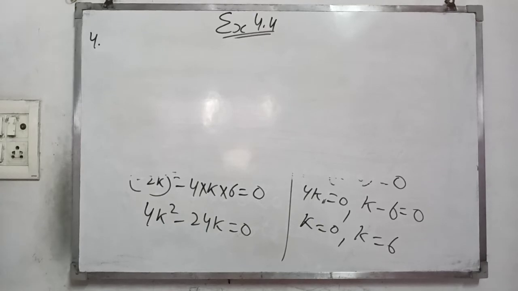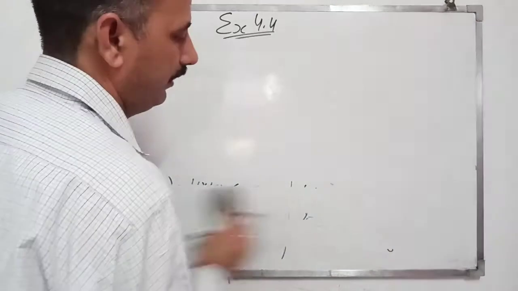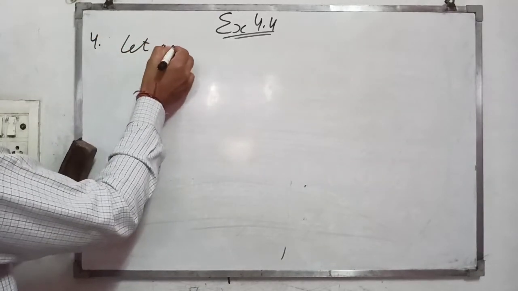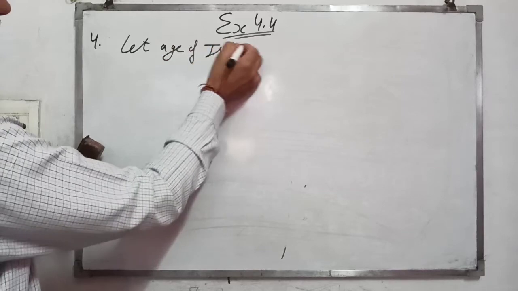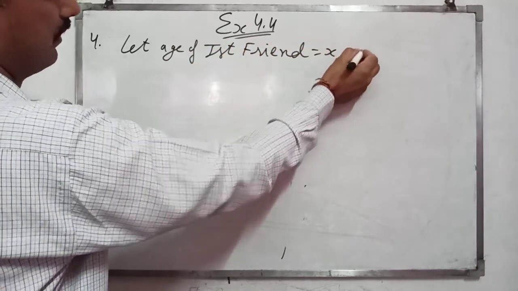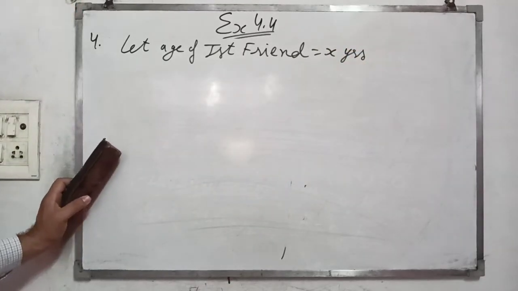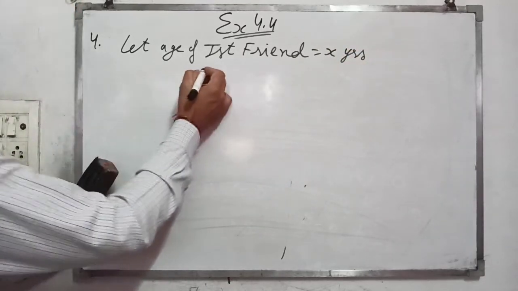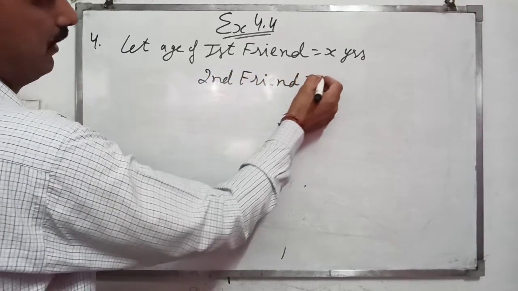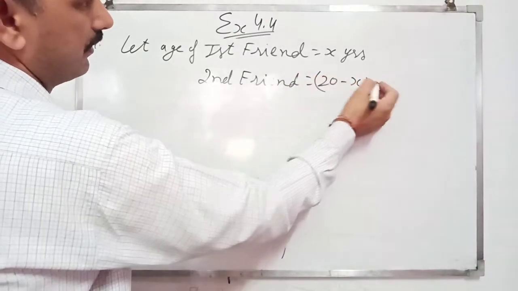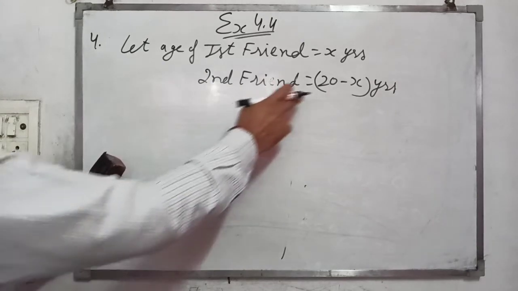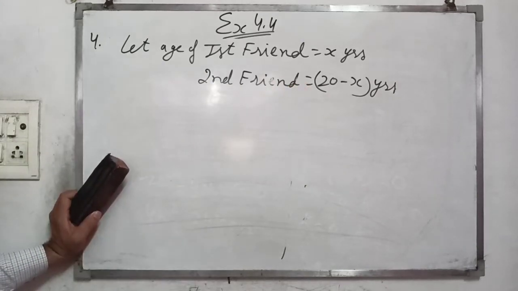So let the age of the first friend be x, and the age of the second friend be 20 minus x, because the sum of both ages is 20.